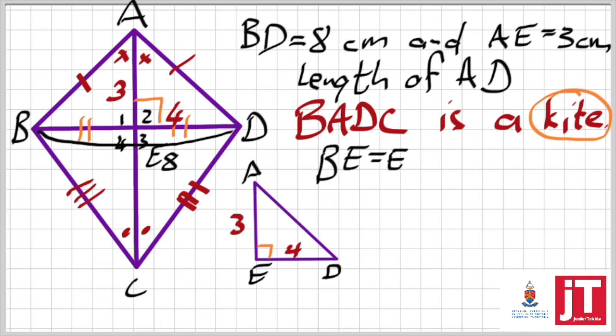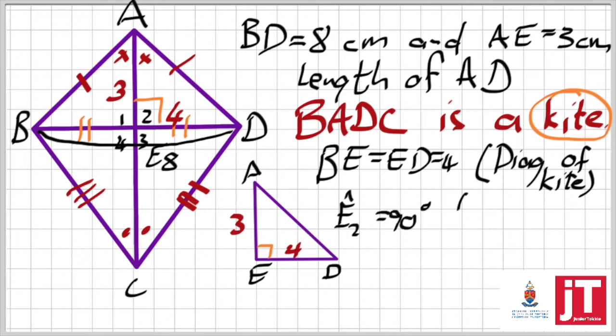First of all, BE is equal to ED, and they are both 4 centimeters because of diagonals of a kite. Next up, angle E2 is 90 degrees. Again, diagonals of a kite. Understand, my wonderful young students, my young Padawans: you have to have a 90 degree angle to use Pythagoras.